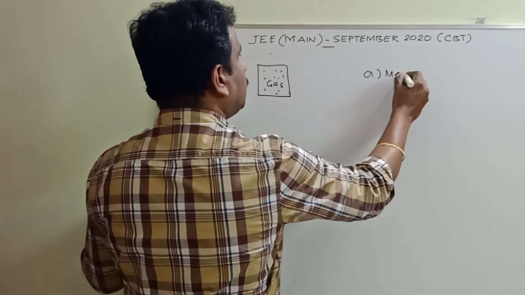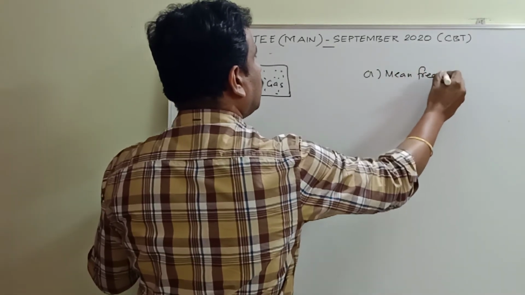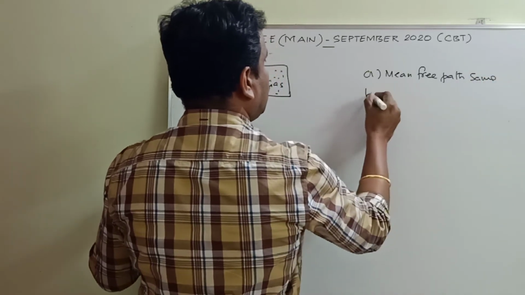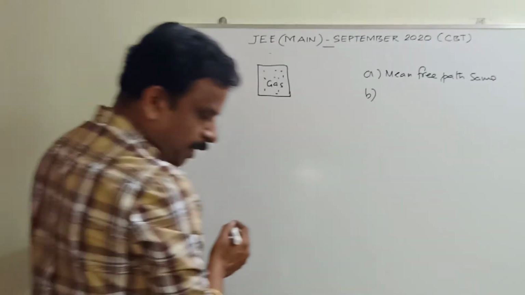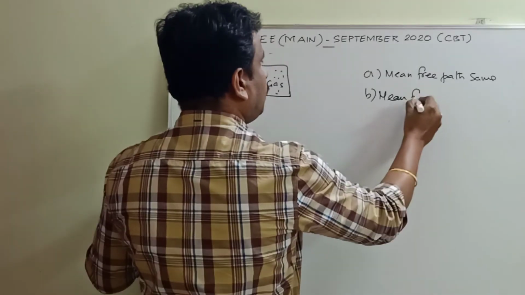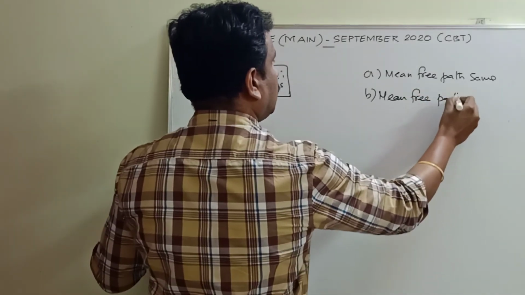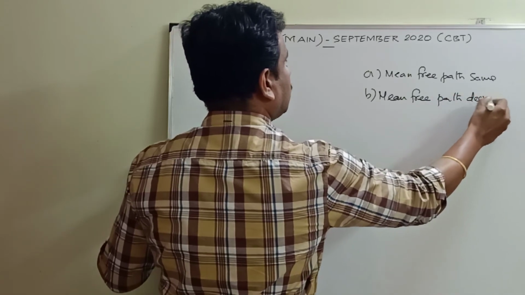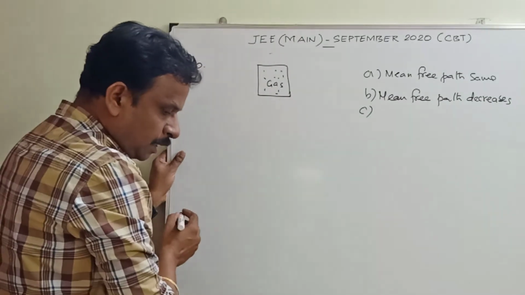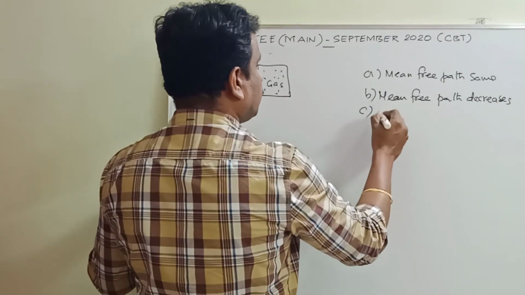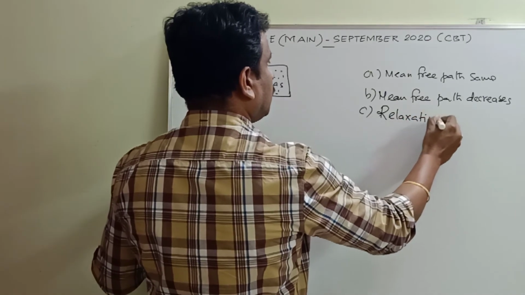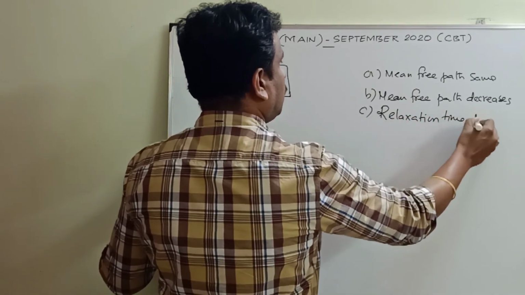Option A: mean free path remains the same. Option B: mean free path decreases. Option C: relaxation time decreases.